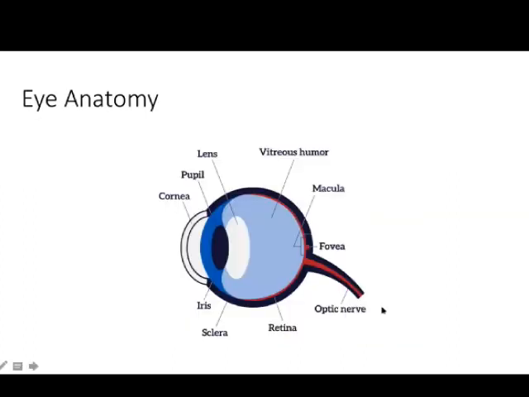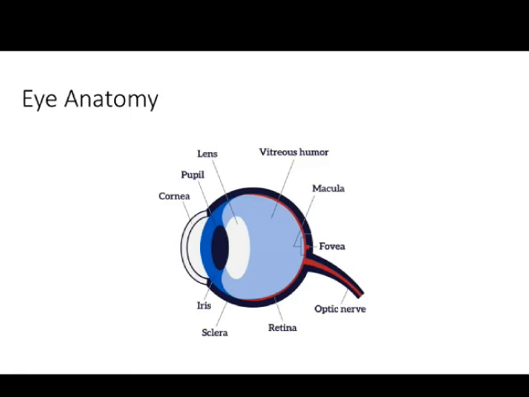So let's go to the next one and let's look at the eye anatomy. And the eye anatomy is all about various parts which are really, really important. So one, we're going to look at the cornea. The cornea is the area through which the light enters. Cornea means horn in a different language.